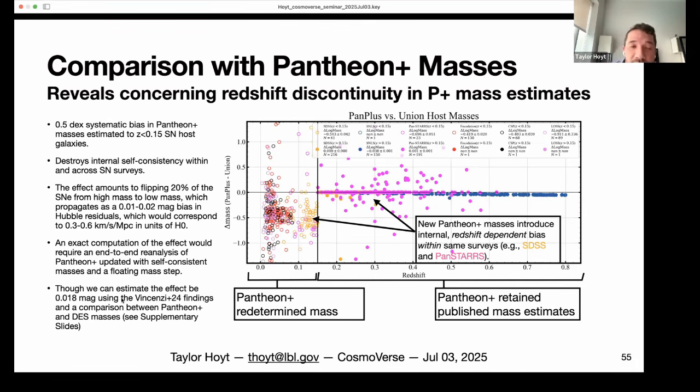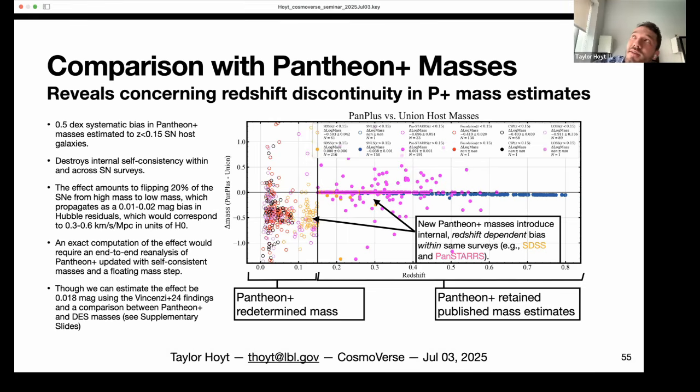We can actually estimate the effect to be about 0.018 mag if we use the Vincenzi 2024 findings. So they found about 100th of a magnitude, actually exactly 100th of a magnitude difference, whether or not they adopt the Pantheon Plus masses.